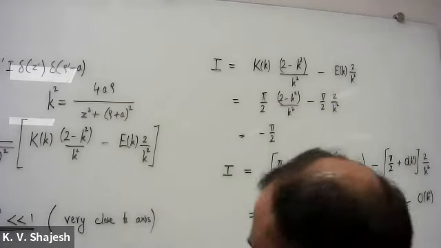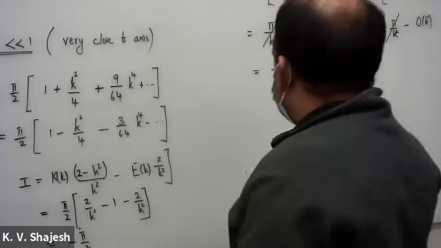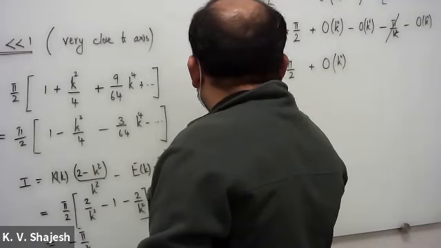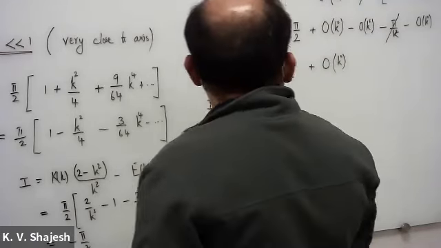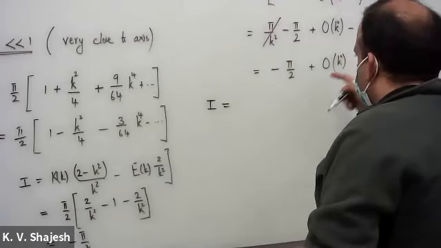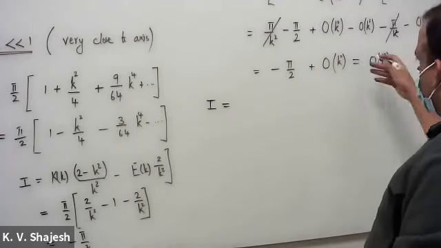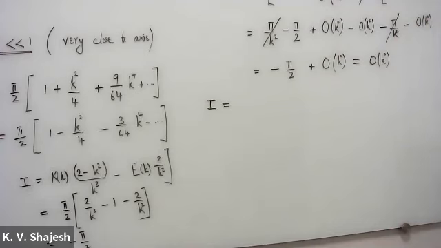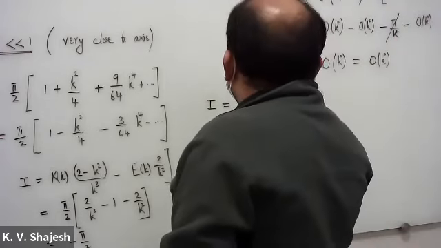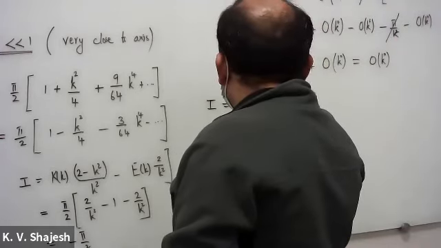Okay, so let's now fix this. Let's fix this now. So we do this again. This is not sufficient. So this is as well order k squared basically, right? So we don't have any answer there. Right, so we do the next order, so pi by 2.